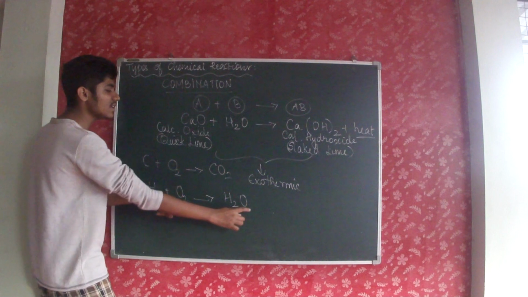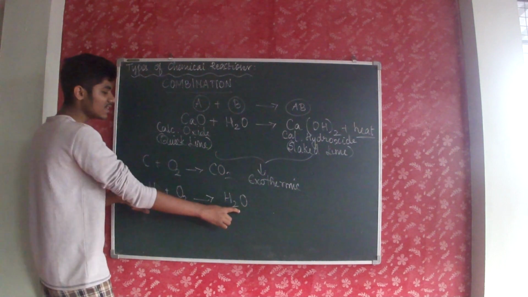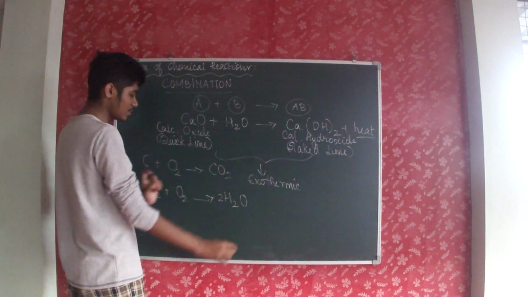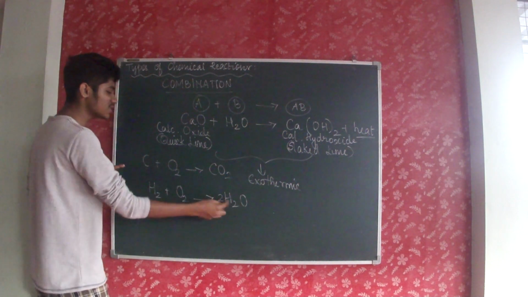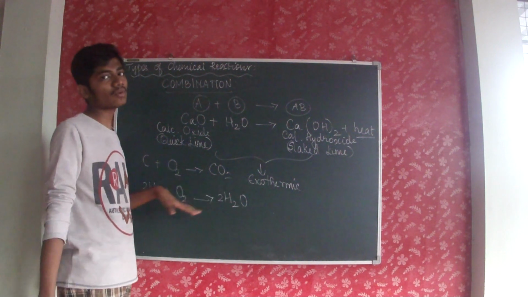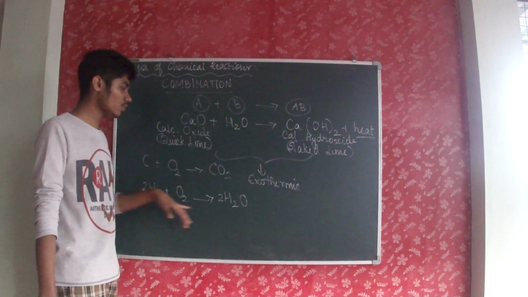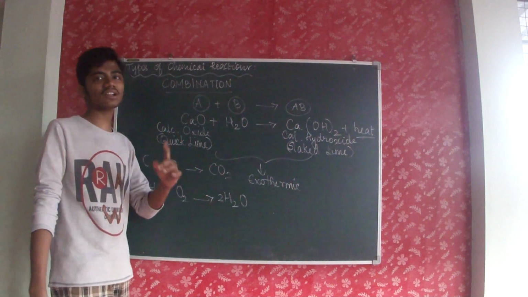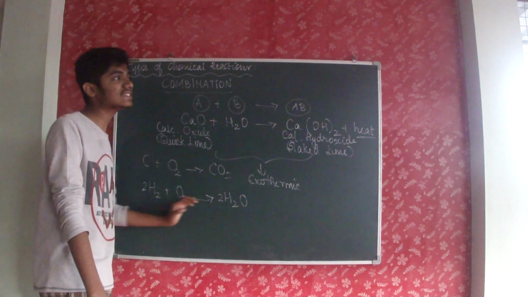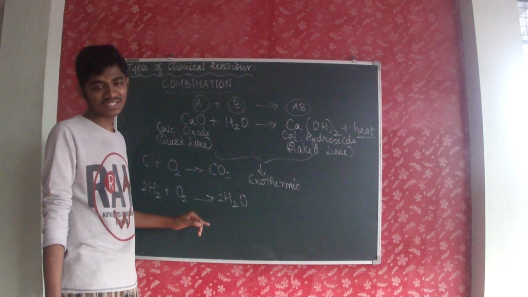Here two oxygen, here one oxygen, so we have to place 2 here. Now oxygen becomes 2 and hydrogen becomes 4, so you have to add 2 here. I taught this balancing yesterday; if you don't know how to do it, you can refer to my previous video. So 2H2 plus O2 gives 2H2O. This is another example of a combination reaction.